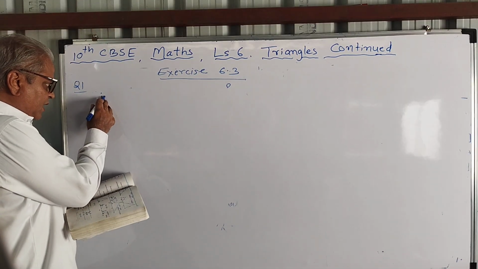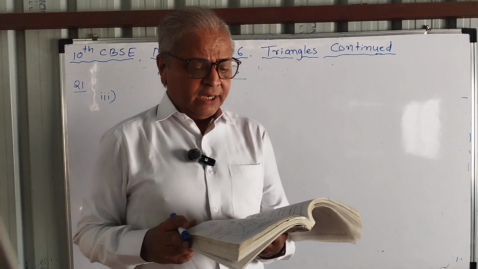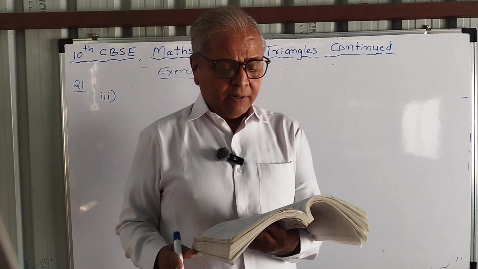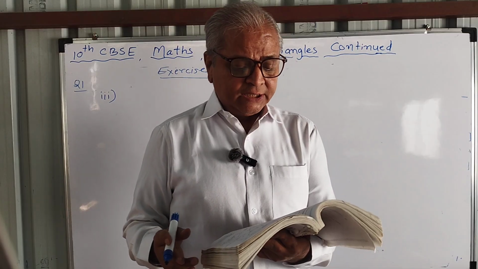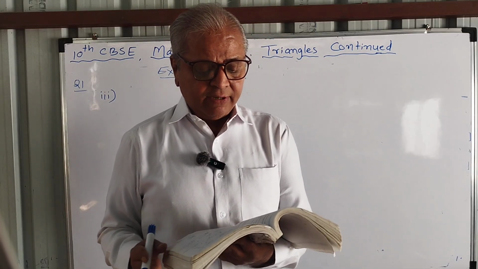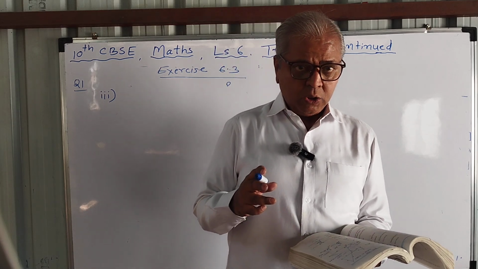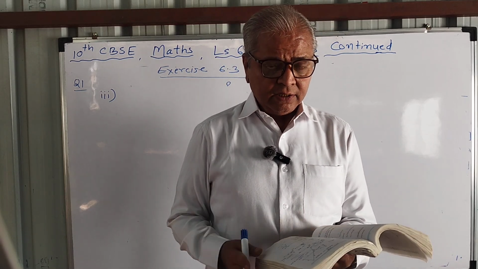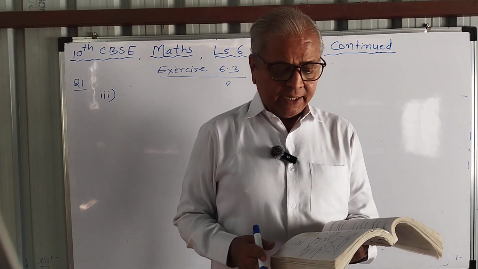I will not draw the figure. You can see in the textbook only information regarding the sides is given, but the sides are not in proportion. We can see 2/4, 3/6, but 2/7 and 5. So if you take the ratios of corresponding sides, the ratios are not equal. That means corresponding sides are not in proportion.